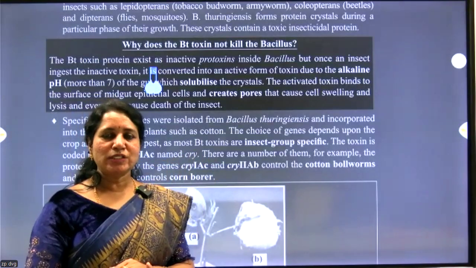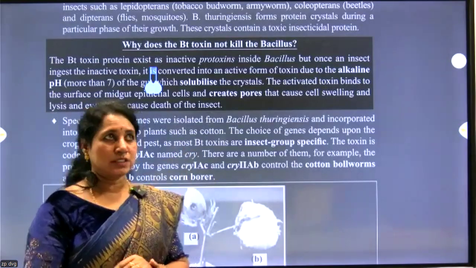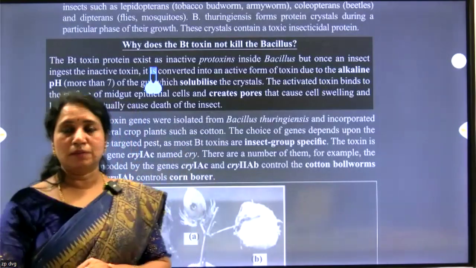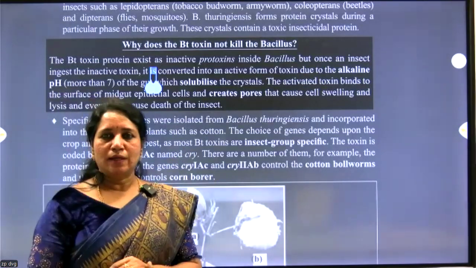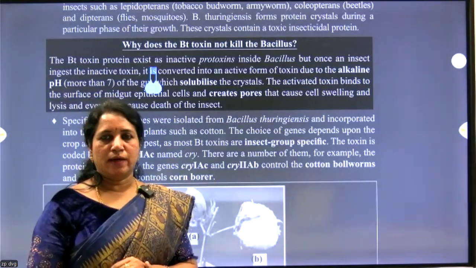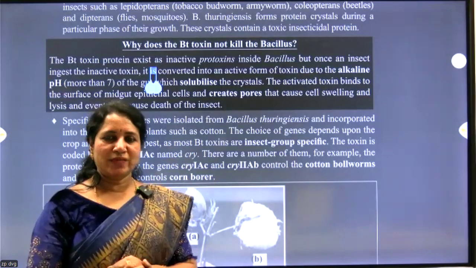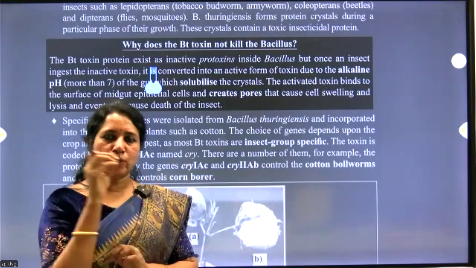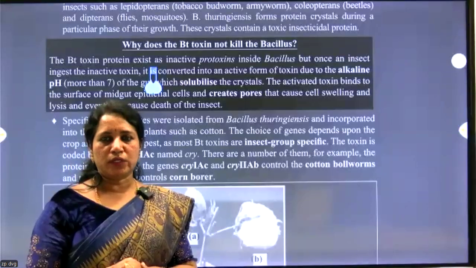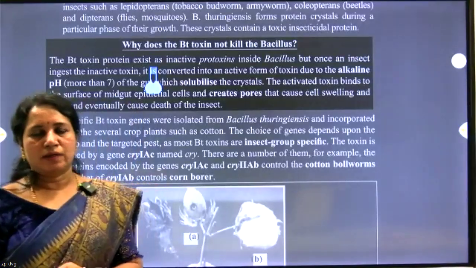When the larvae of these insects eat the leaves, fruit, or any part of the BT plant, the crystal proteins enter the gut of the larvae.